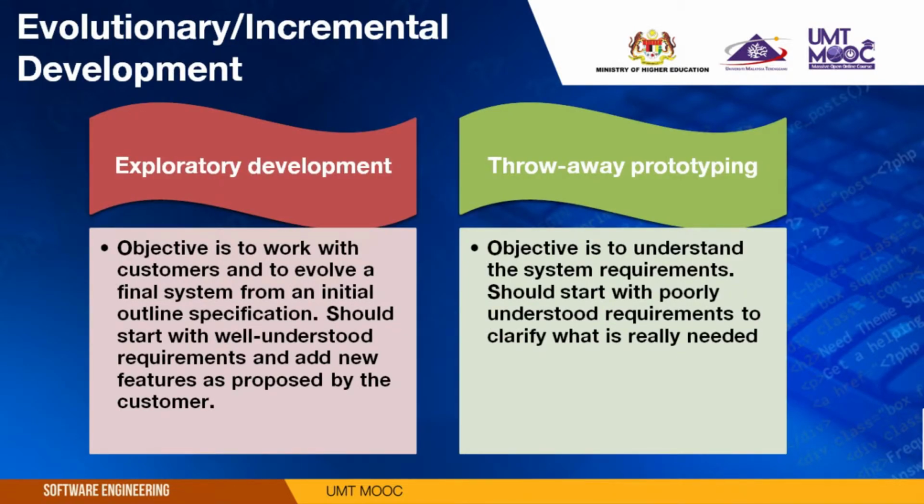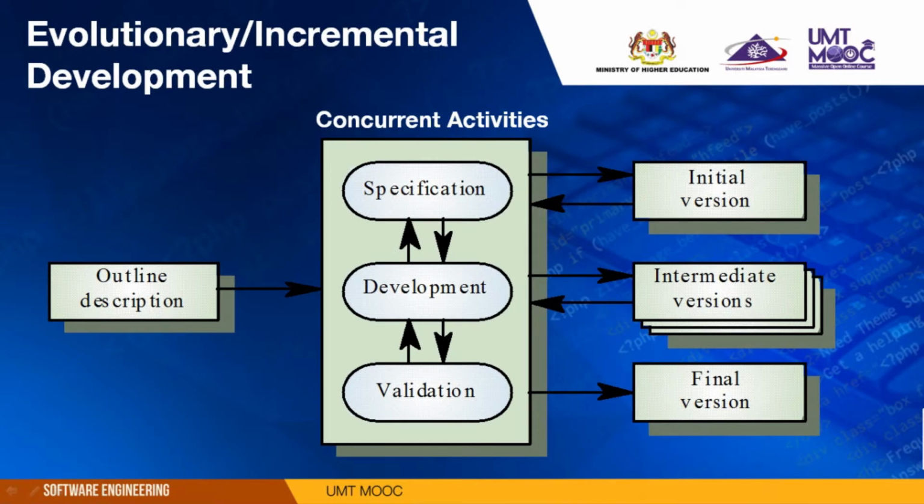The second model is the incremental development model. This model is based on the idea of developing an initial implementation, getting user involvement and comments, and evolving it through several versions until completion.